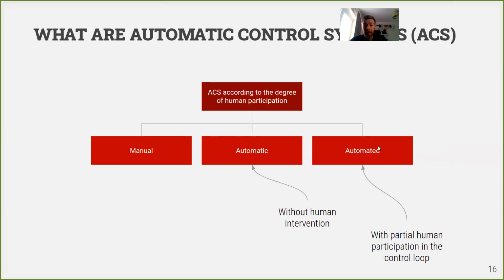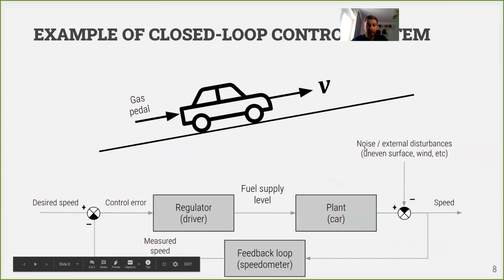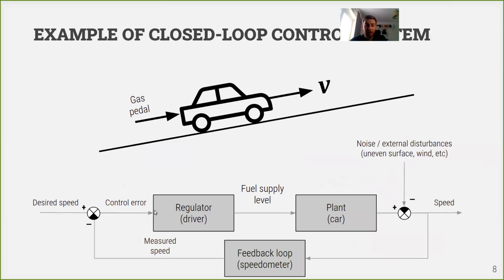And there are automated systems, and our example with a car and a driver is actually an automated system because the human takes partial participation in the control loop. So here there is a driver and he makes decisions, but between the driver and the engine we are driving, there is a huge signal transformation loop.